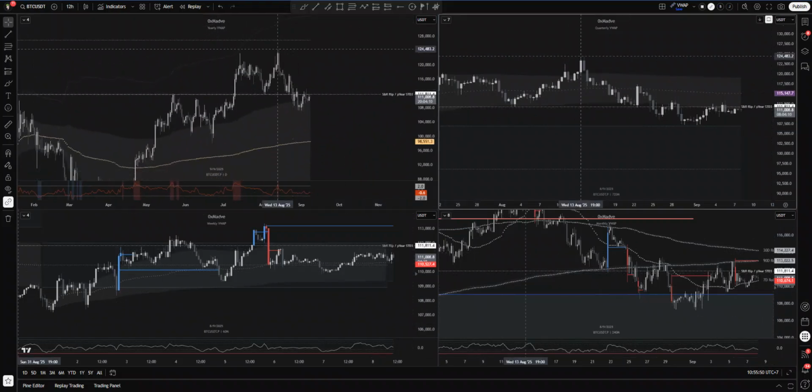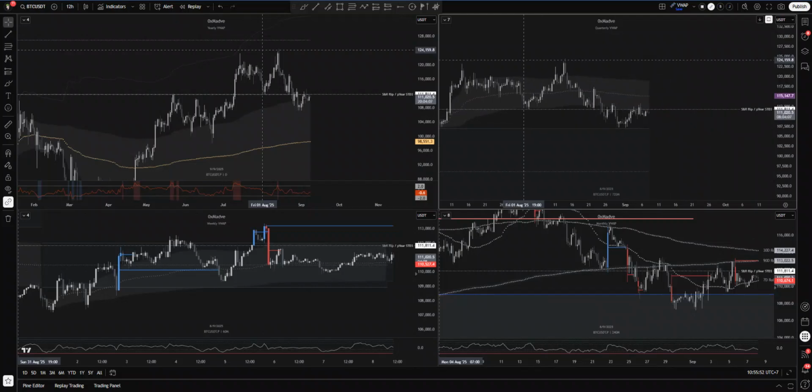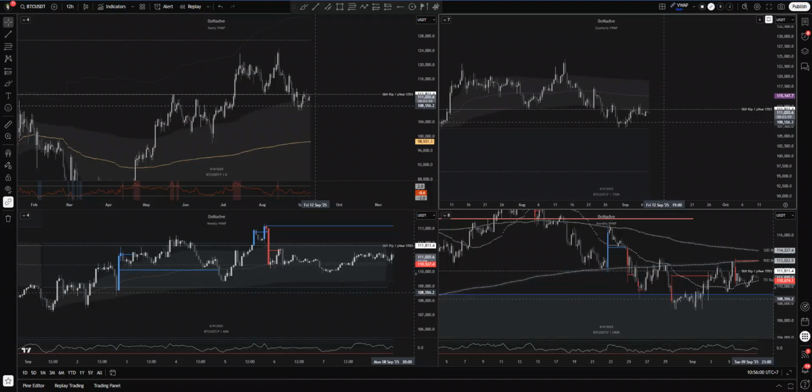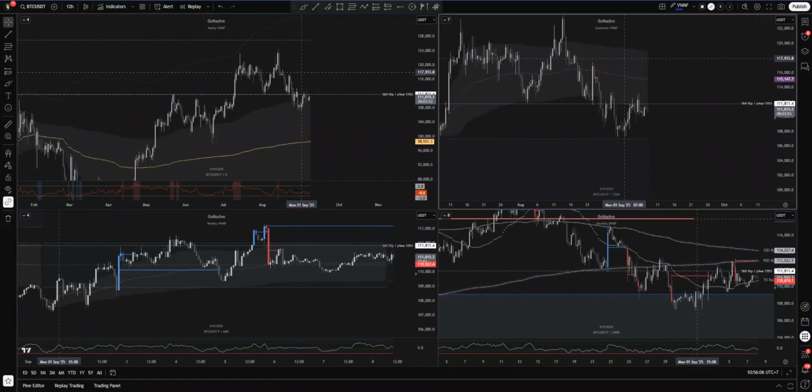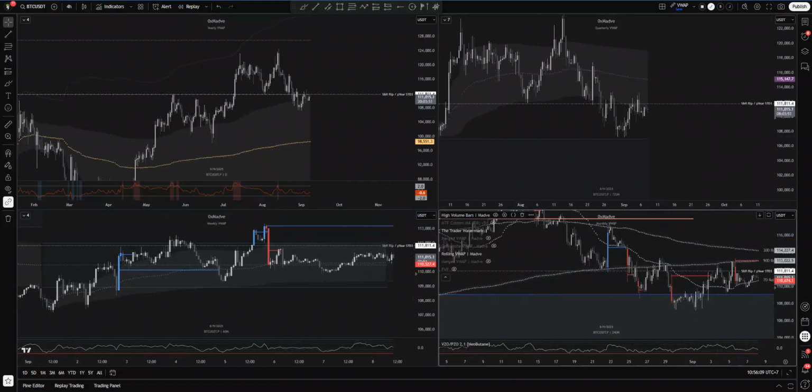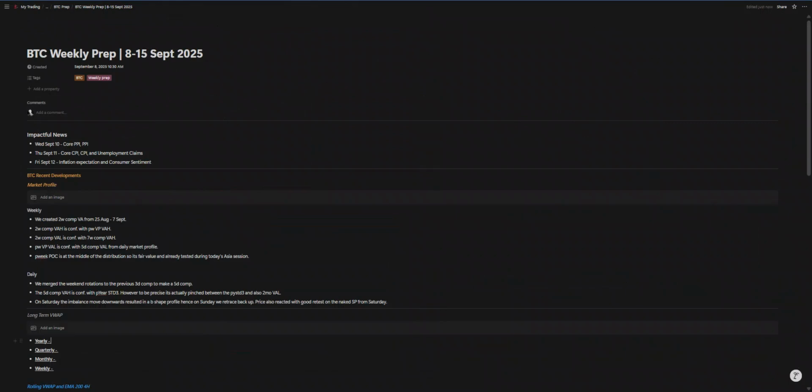Okay, how about the quarterly? Similar, still pinch between the developing quarter value area low and also the previous quarter. So maybe let's write that down on the yearly.